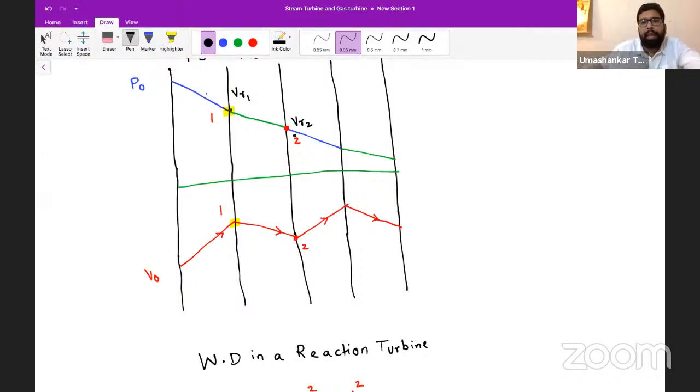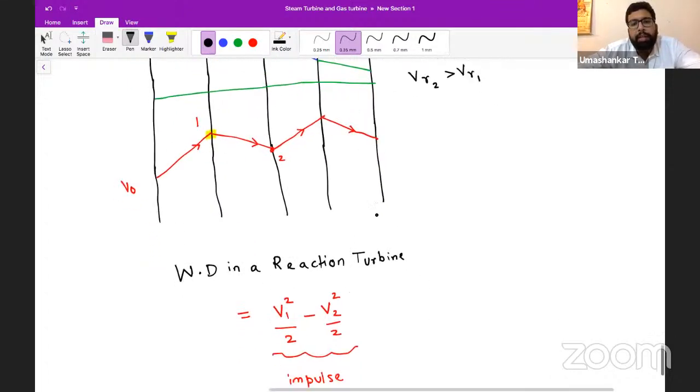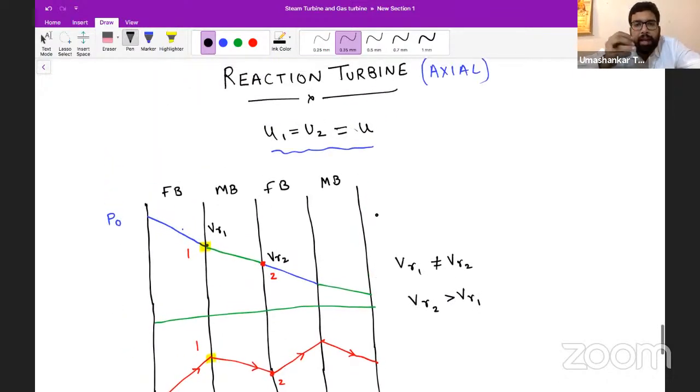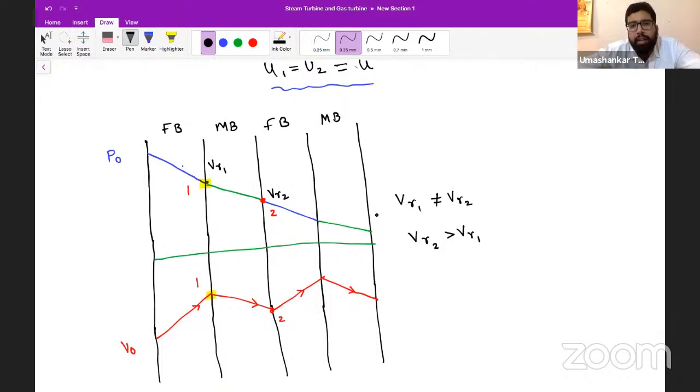But here, due to this pressure energy, VR1 will not be equal to VR2. What this pressure energy will do is that VR2 will be greater than VR1. So the relative velocity, the pressure energy will affect the relative velocity.